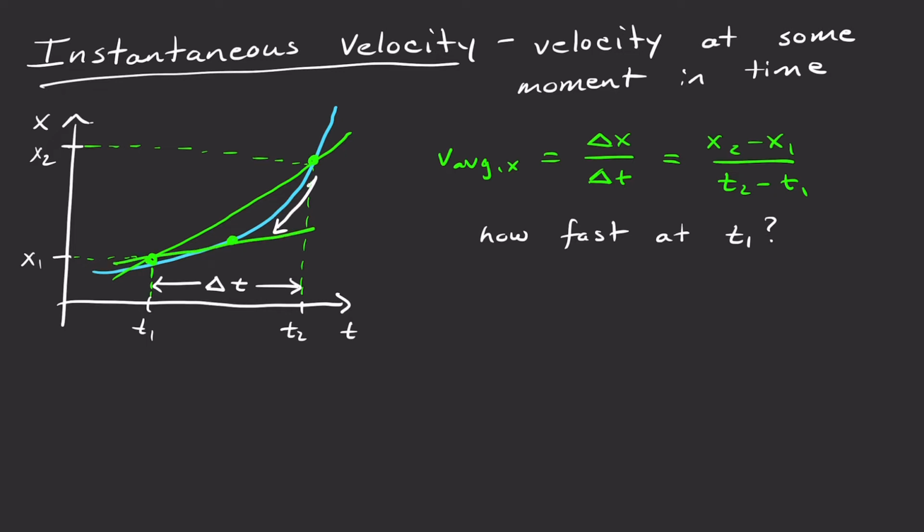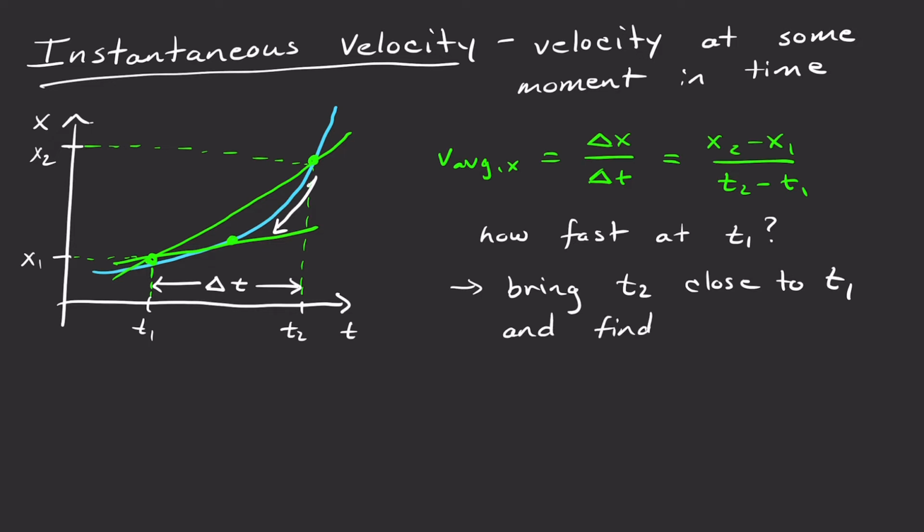And then as we bring our points together, notice the slope is also going to come together. It's going to approach the slope at the time t1. And so if you imagine bringing t2 close to t1, you kind of have to visualize this as much as possible. It may take a little bit of practice.